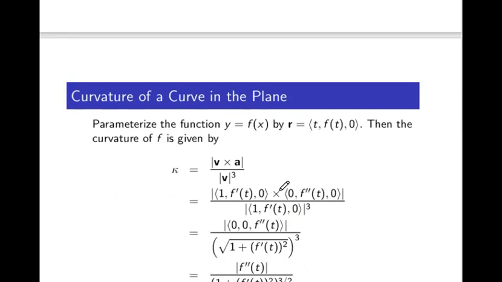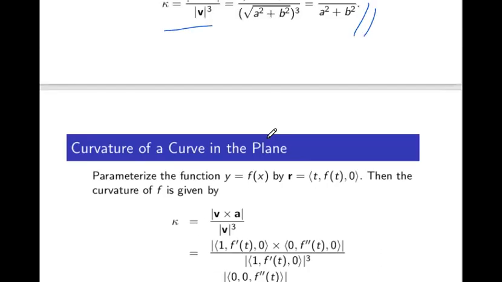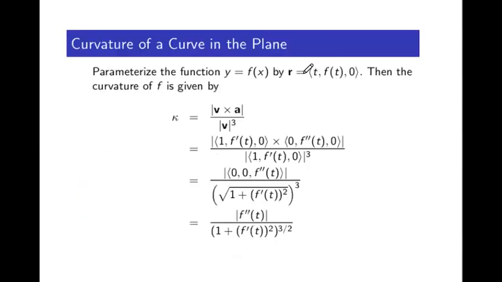Then you simplify. You know how to find the cross product for three-dimensional vectors. Take the magnitude of this: the square root of 0 squared plus 0 squared plus f double prime squared, which is the modulus of f double prime. And the denominator is the speed cubed.